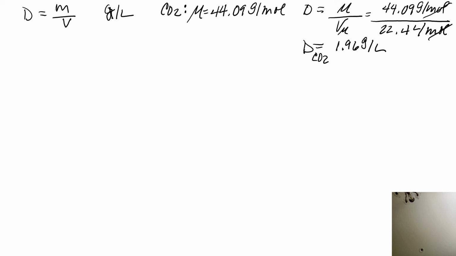We can also calculate the density of an ideal gas for any combination of temperature and pressure using the ideal gas law equation. Because density is by definition mass divided by volume, we need to identify the terms in the ideal gas equation that represent density. So the mass of a sample can be determined from the number of moles of a sample, right?